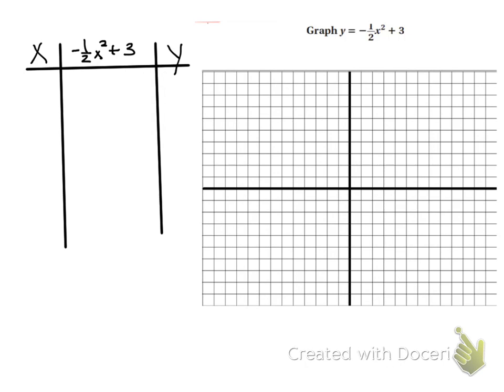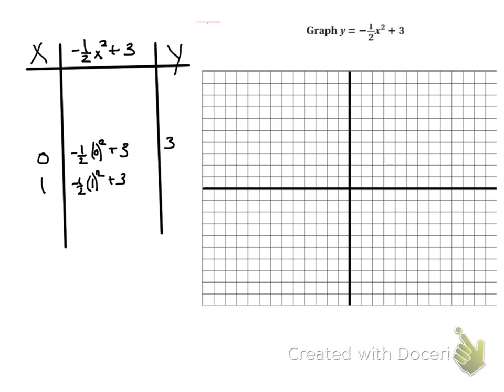Once the A is greater than 1, it stretches vertically, or I call it narrows. Now we're going to graph y equals -1/2 x squared plus 3. So I plug in 0. Zero squared is 0 times 1/2 will be 0, so plus 3 is 3. 1: -1/2 times 1 squared plus 3.